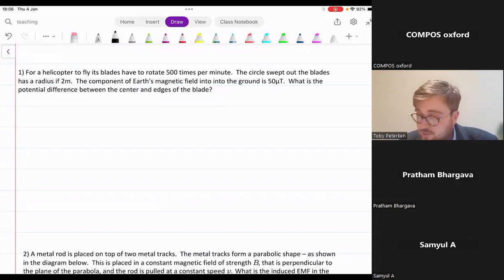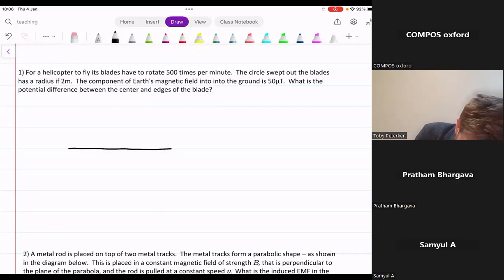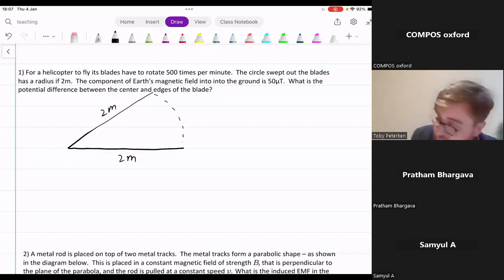So to work out the flux, we need magnetic field times area. So we need to work out the area swept out by the blades. If the blade starts here, and then at a later time it's here, and these were 2 meters, the angle swept out is theta.